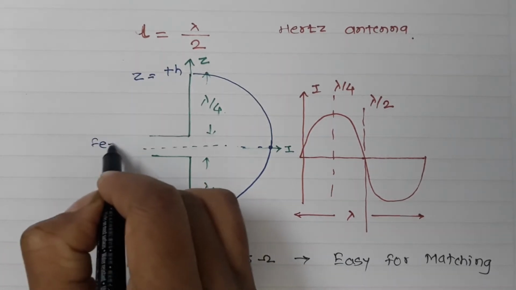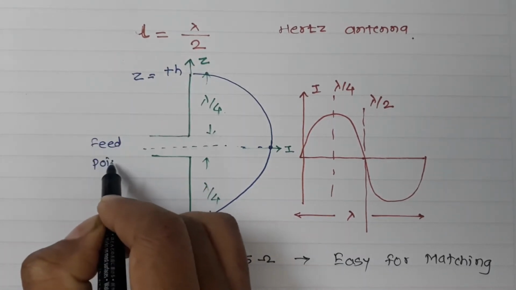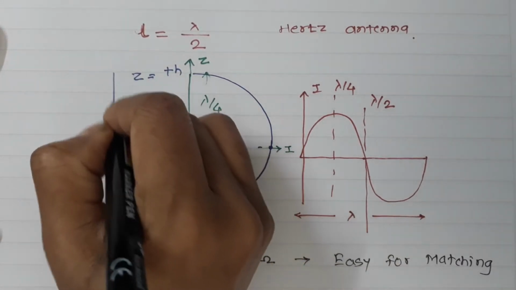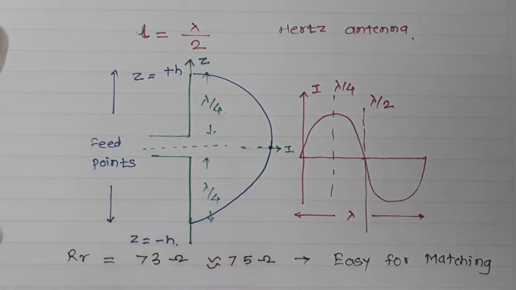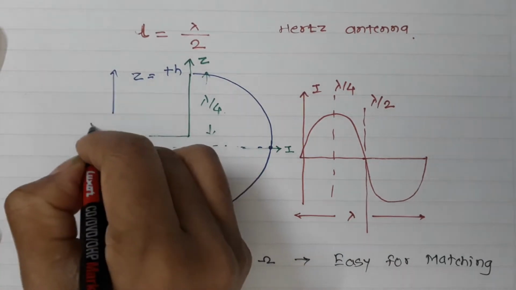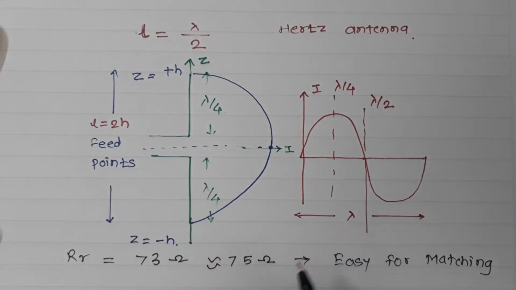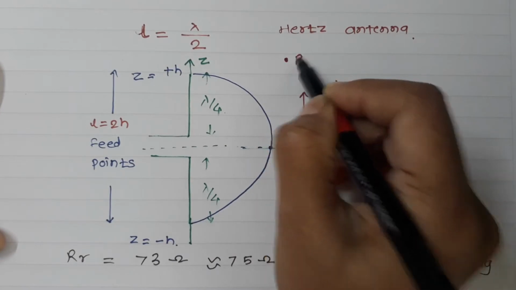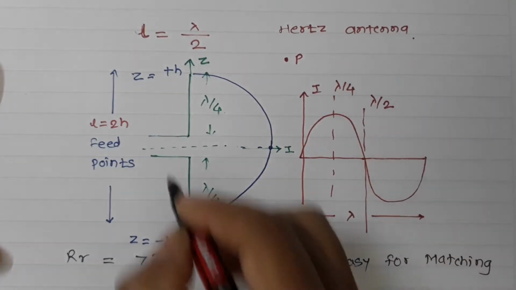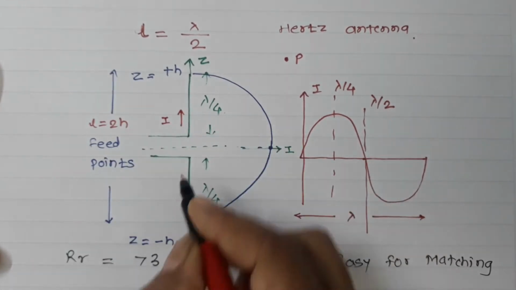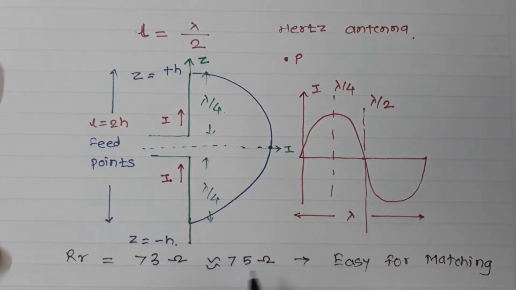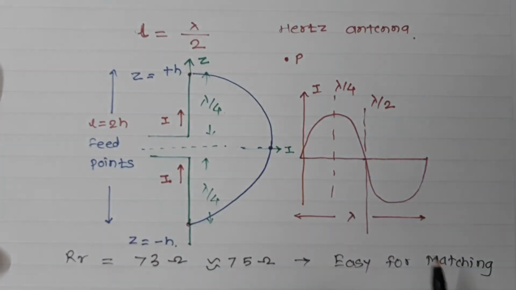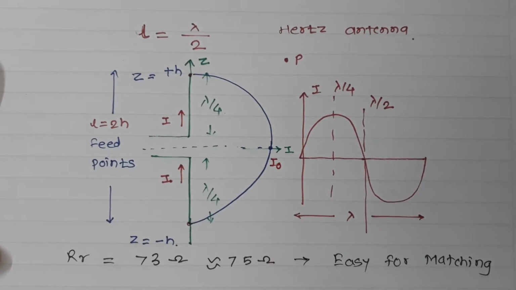These are the feed points or feed lines of the antenna, and the complete length of this antenna will be L equal to twice h. Whereas I am observing here is the observation point. The current distribution is from this direction, where z is equal to minus h over here and z is equal to plus h over here. This is the maximum current which I have obtained over here.